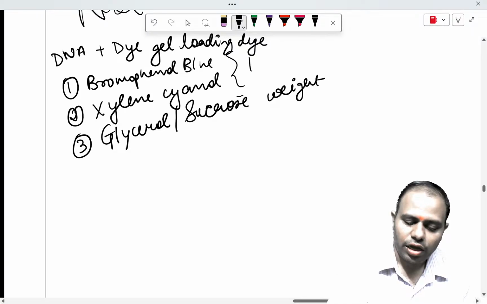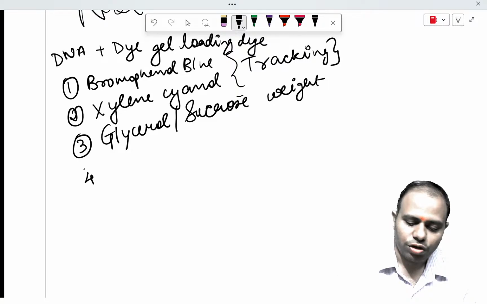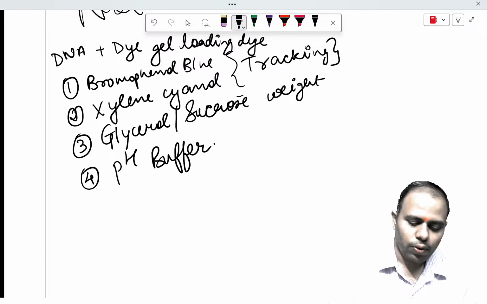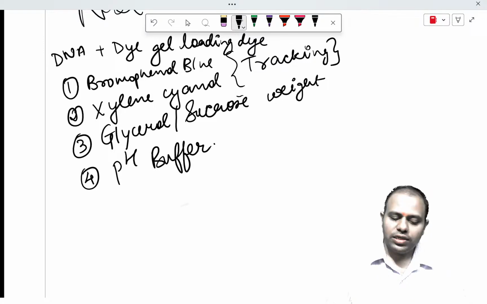These are the tracking dyes. This keeps track of the DNA while moving in the electrophoresis. Then there is a pH stabilization buffer. All these are the different components of the gel loading dye.